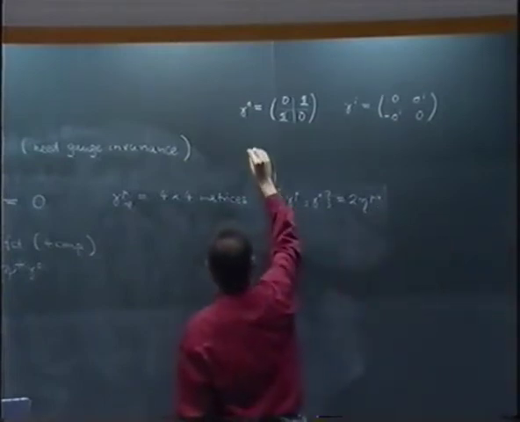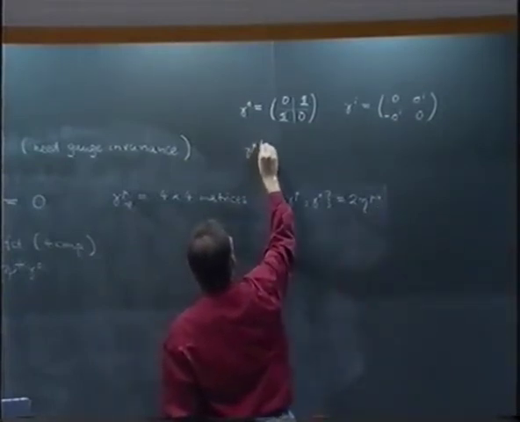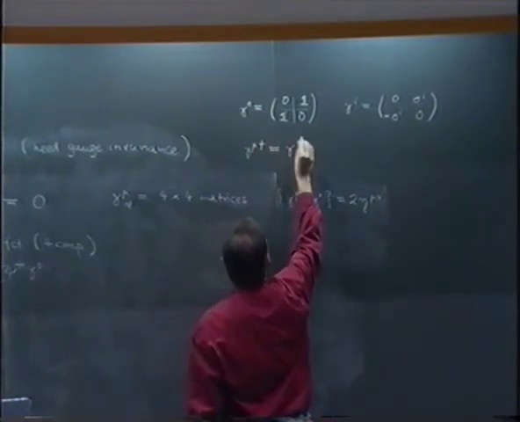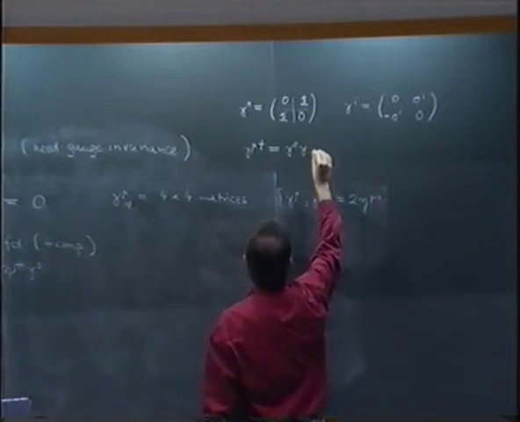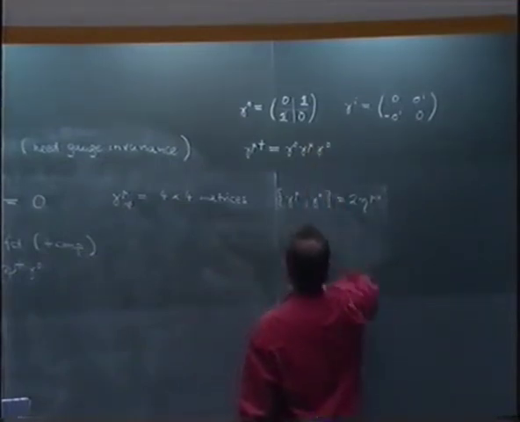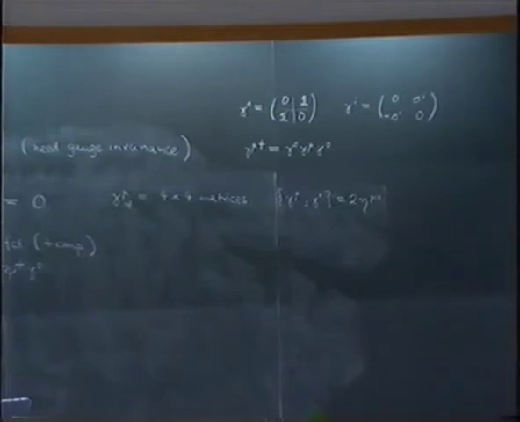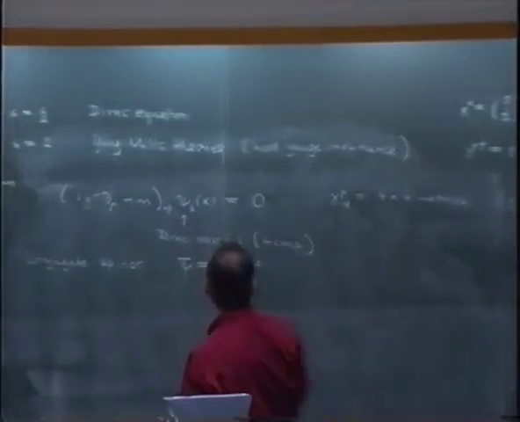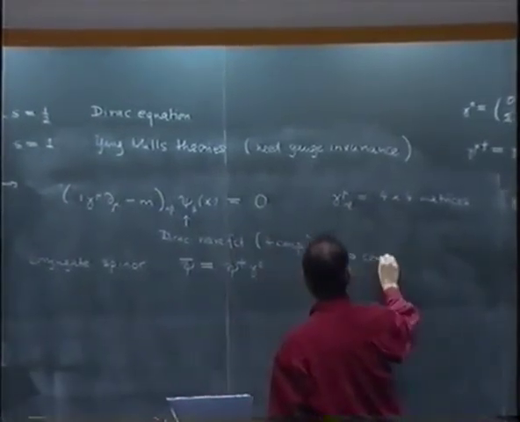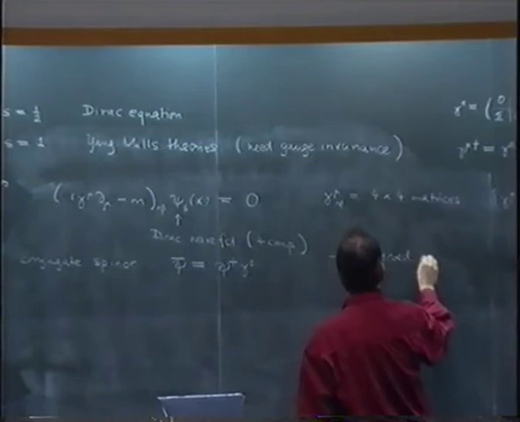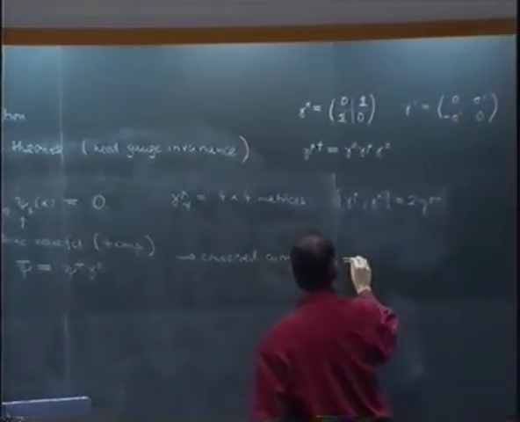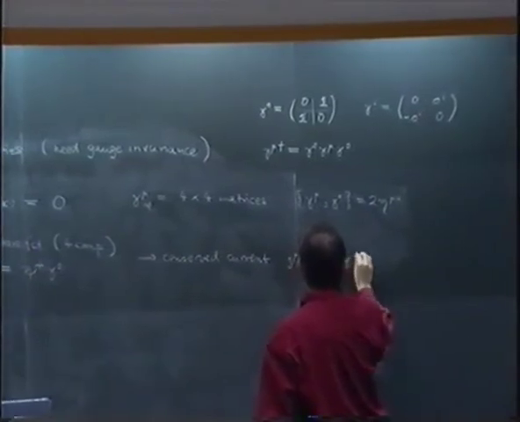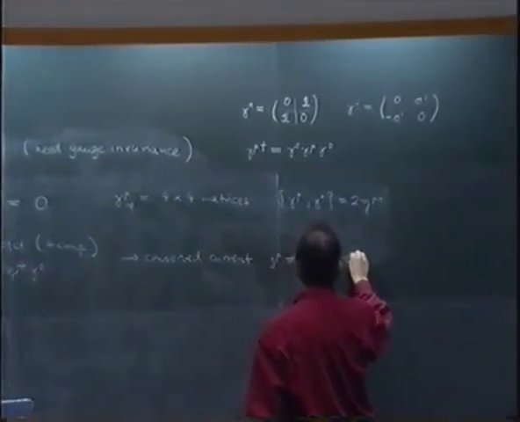But you can show that all of these relations can be conveniently written as follows: gamma mu dagger is equal to gamma 0 gamma mu gamma 0, as you can check. Then it turns out that from this equation, you check that there's a conserved current, J mu, equal to psi bar gamma mu psi.